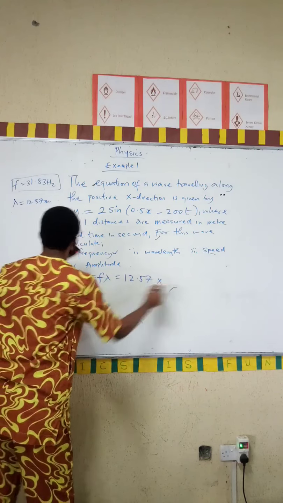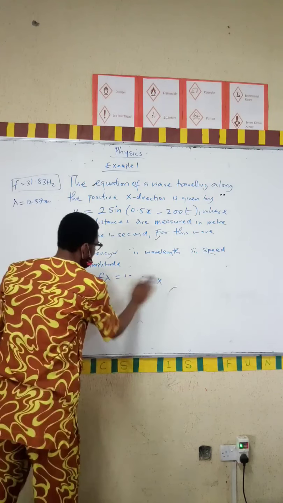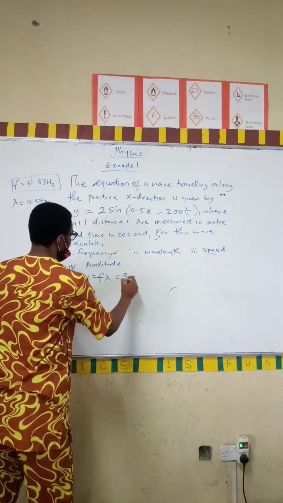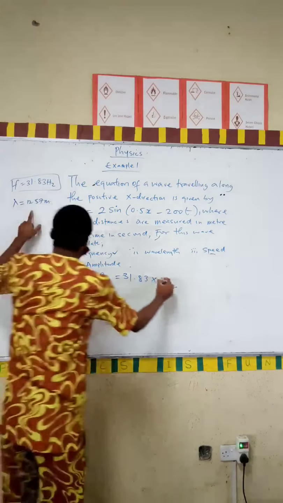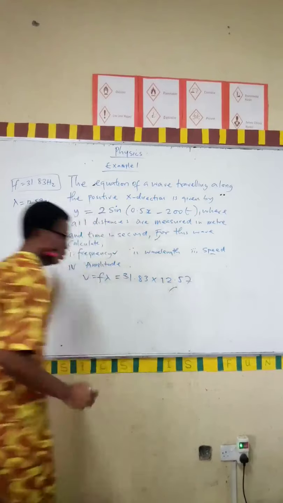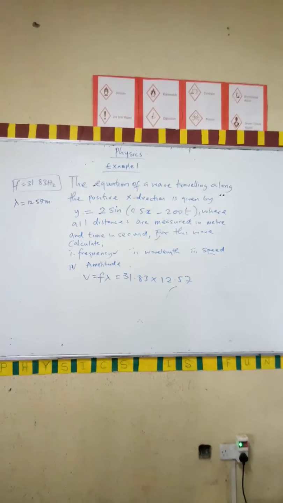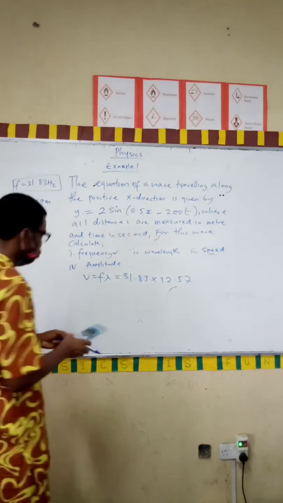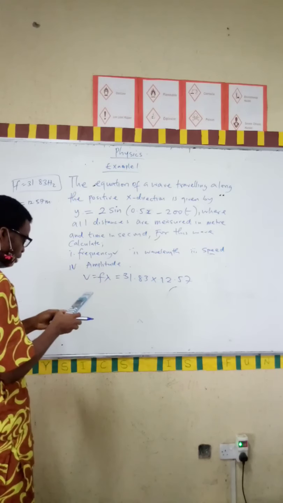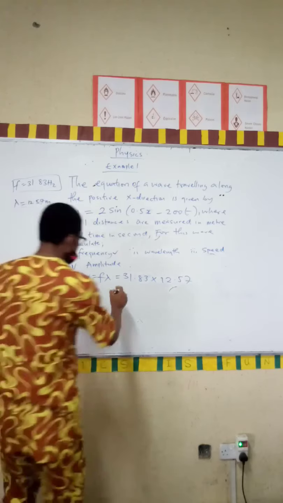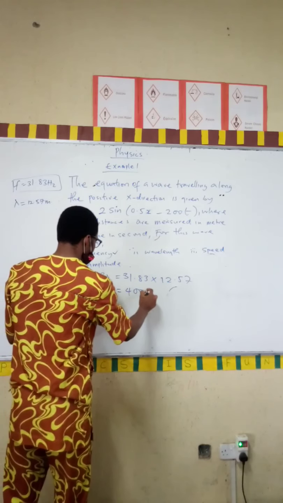Our F is 31.83 and our wavelength is 12.57. And if we do that, 31.83 times 12.57, that will give us 400 meter per second.